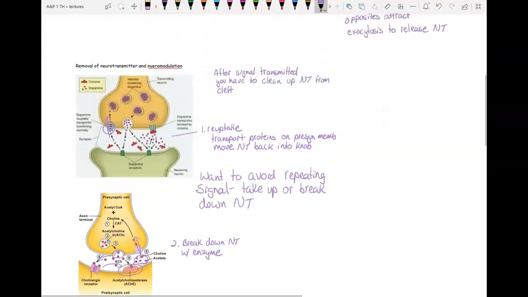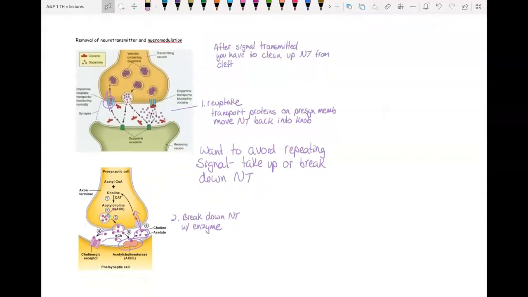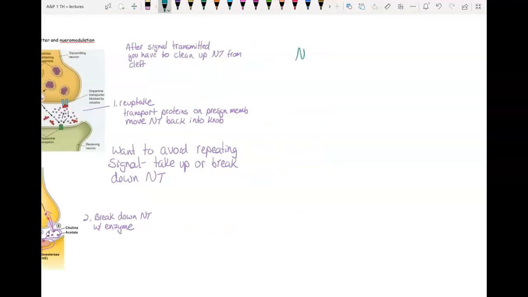Okay, then we do have neuromodulation. Neuromodulation is where you don't necessarily clean up the neurotransmitter right away. In neuromodulation, you're going to alter what happens with the neurotransmitter in the cleft.